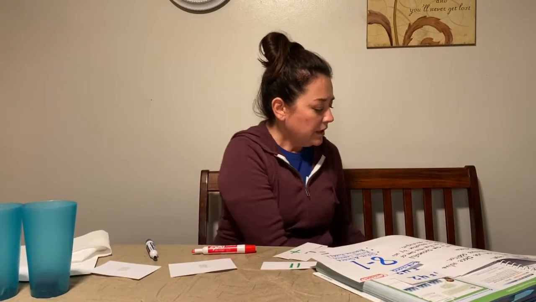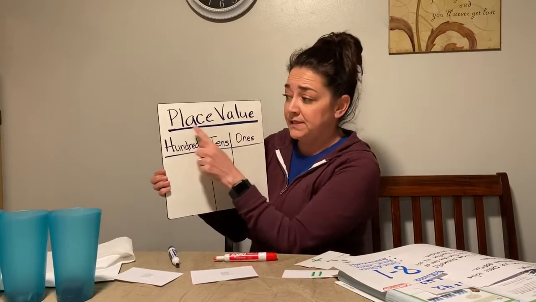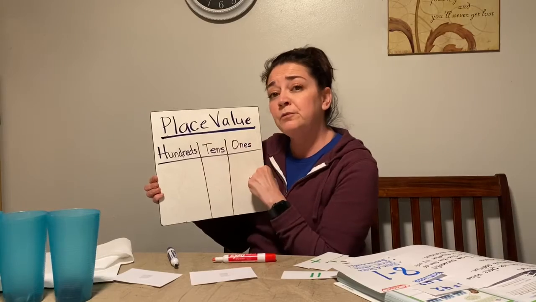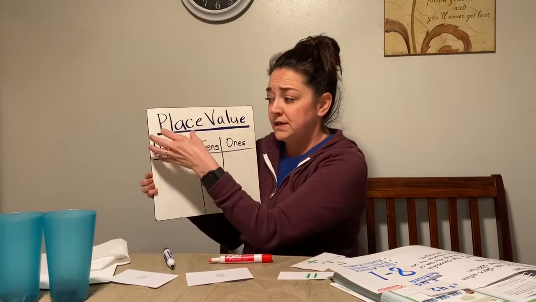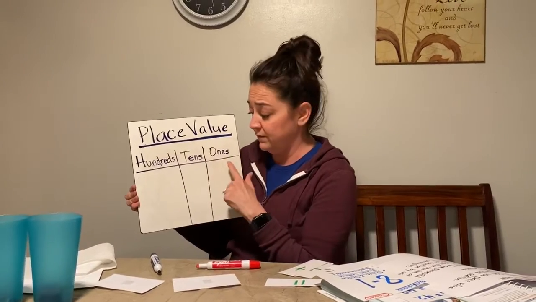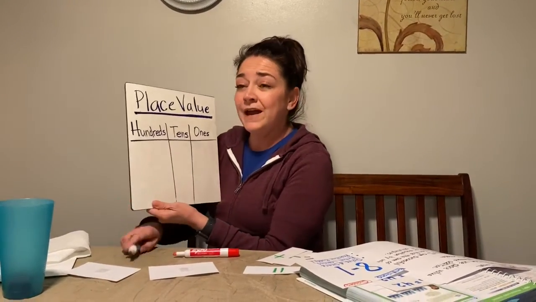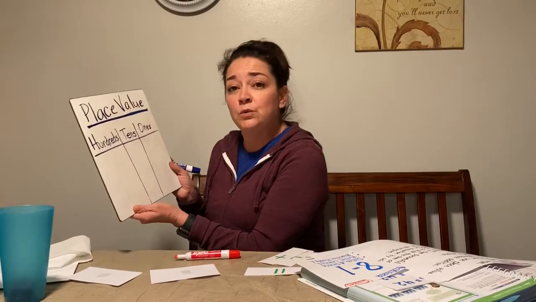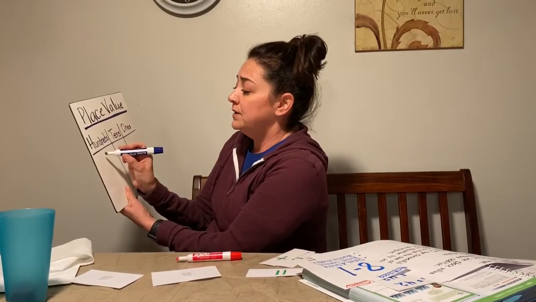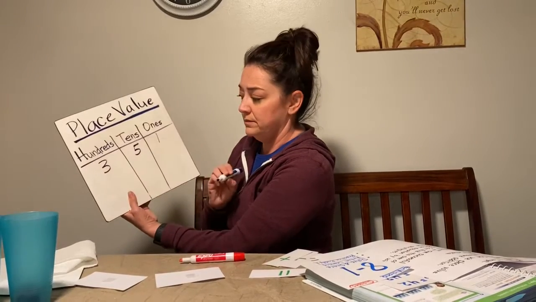So a little bit of review. A concept you'll need today doing this lesson is place value. And if you remember from place value, it's the columns where all the numbers go. So we have the ones place, the tens place, and the hundreds. So if I had a number like 351, I would write 351, okay?